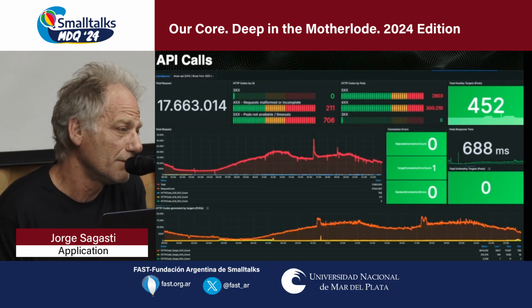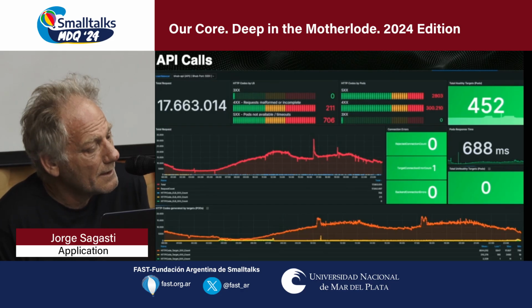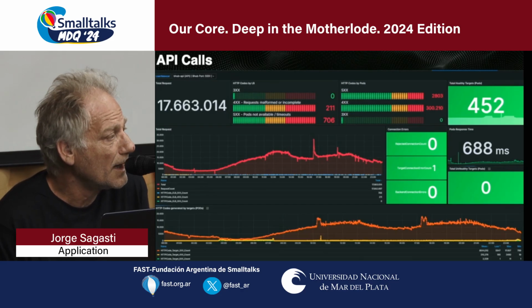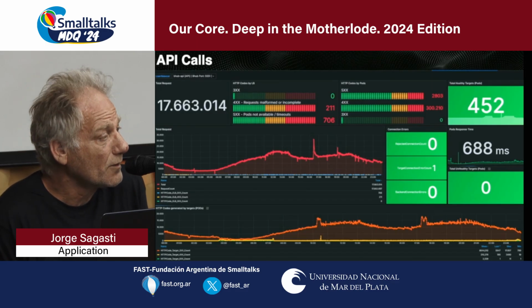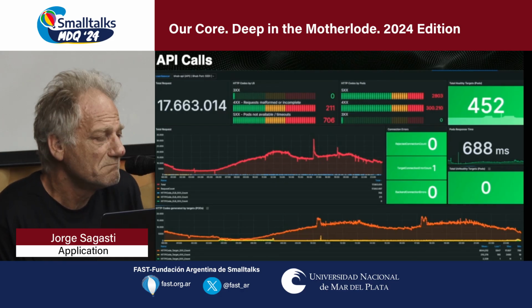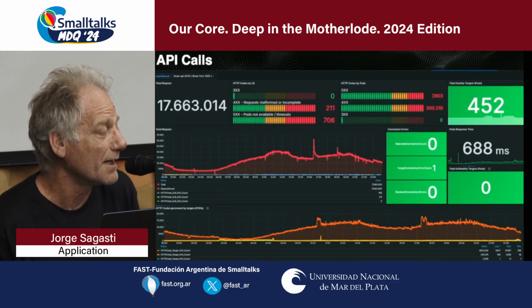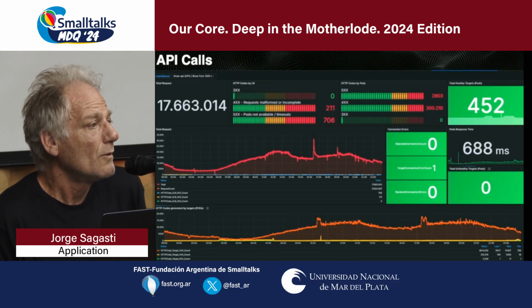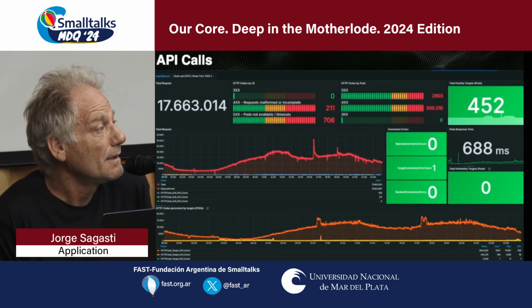We have about 17 million API calls during that day. Some of these calls can modify up to 10 objects and the balance of the account. So we know we manage money.